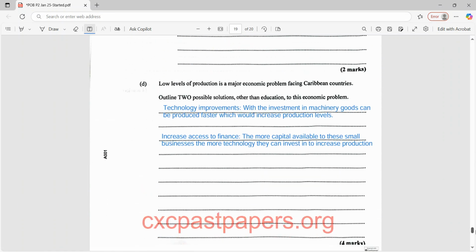All right. D. Low levels of production is a major economic problem facing Caribbean countries. We should outline two possible solutions other than education to this economic problem, and I gave two here. The first one being technological improvement. If you improve technology, we're going to have more machinery in the business.